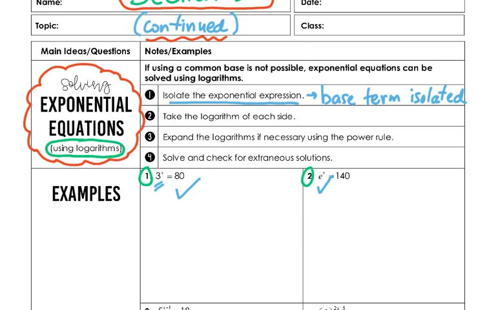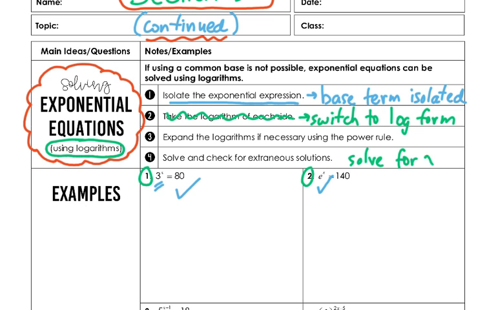Then once we do that, it says here in step 2, take the log of both sides, but I think a better way is to switch from exponential form to log form, like we did before in class. And once we switch to log form, the last thing you do is solve for x.